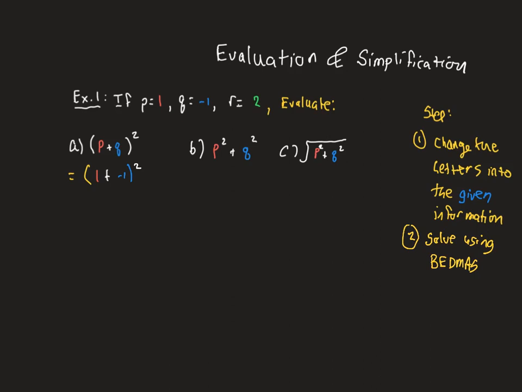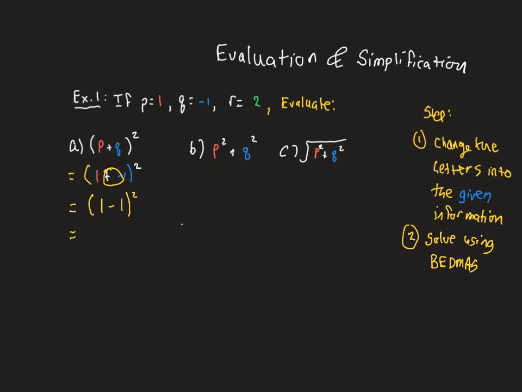And inside my bracket, I have my 1 plus minus 1. So when you see a plus minus, it basically is me saying this is -1. So in reality, inside the bracket, it's 1 minus 1. So let's finish inside our bracket.